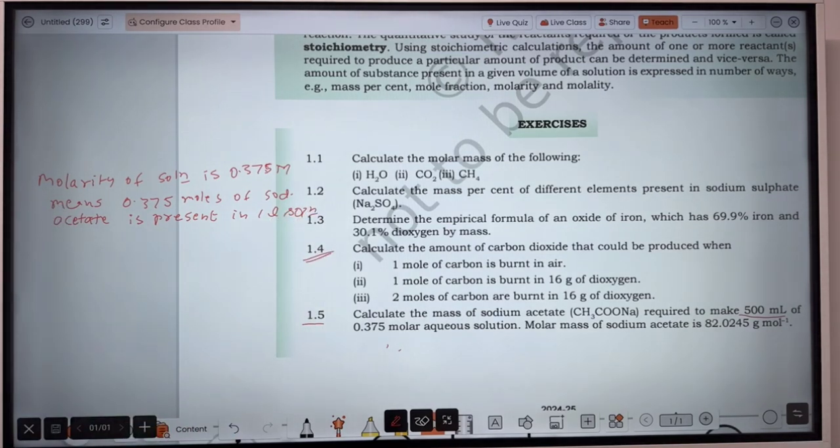So 0.375 moles of sodium acetate is present in 1 liter, that is 1000 milliliter.